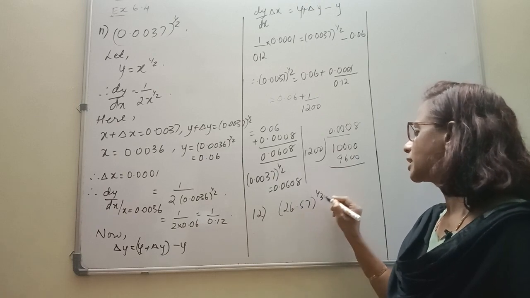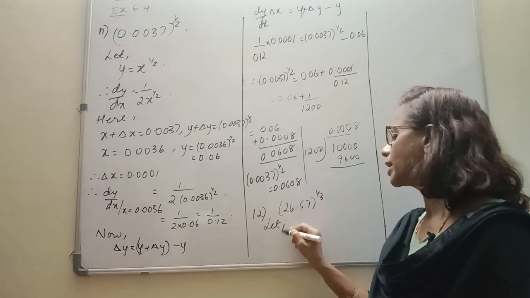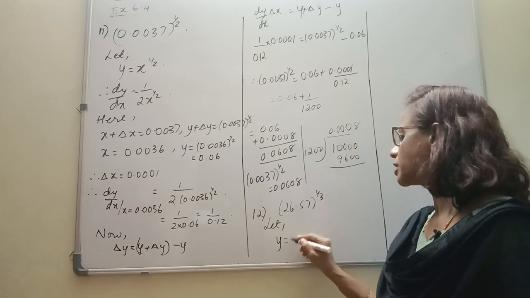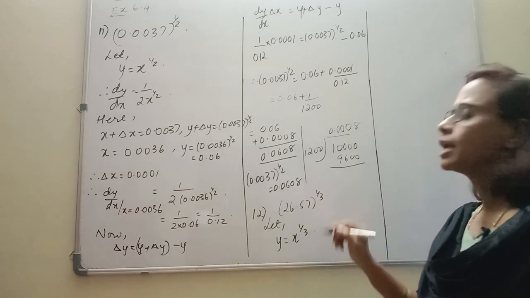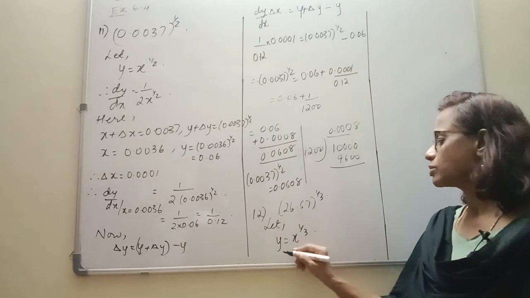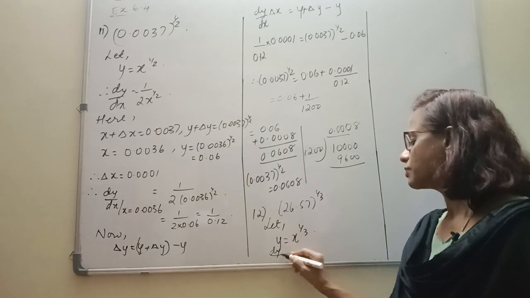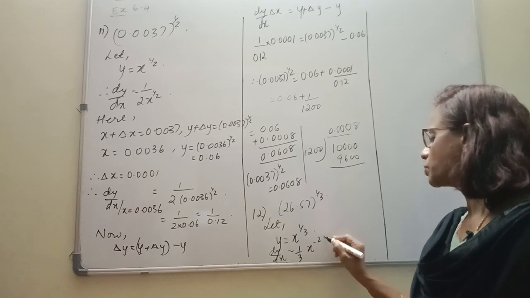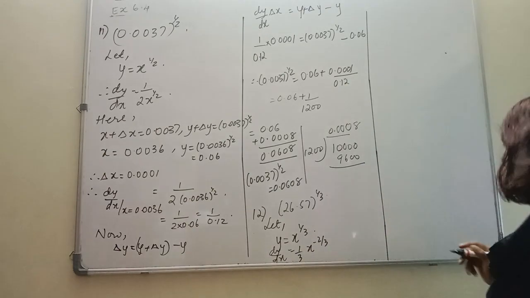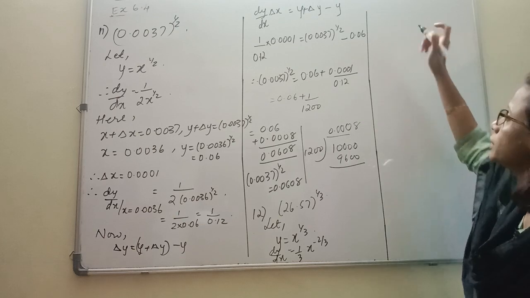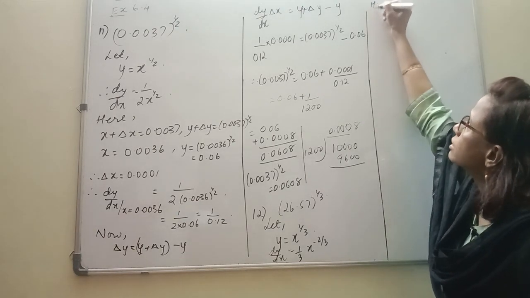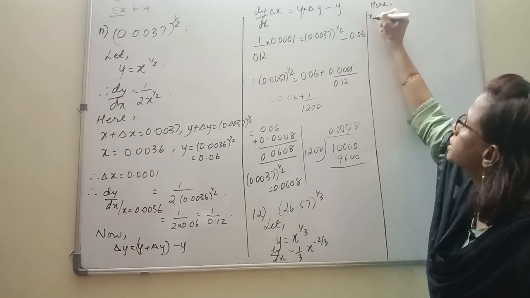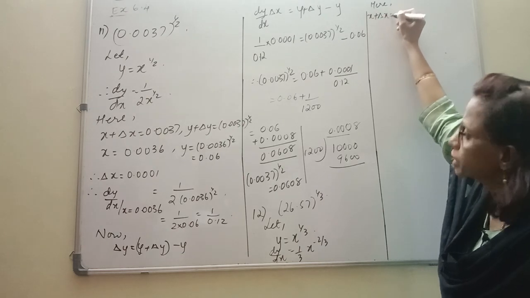We actually have no time to think, because it has become so stereotyped that y is x raised to 1 by 3. So you can quickly find dy by dx, which is 1 by 3 x raised to minus 2 by 3. Also we have x plus delta x, which is always given, so we don't think at all.